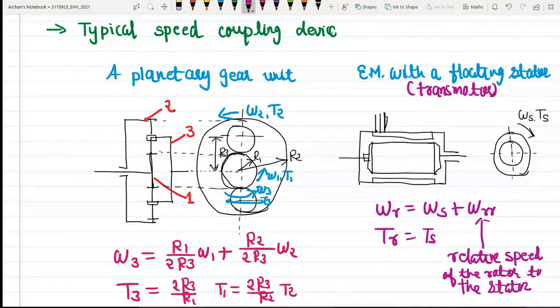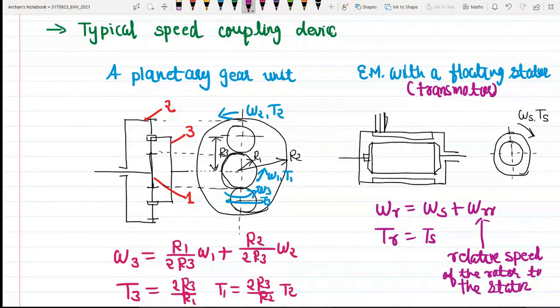So we will give some supply voltage to the stator, and because of the torque produced, the rotor will rotate in a particular direction. Now this trans-motor is a motor in which we are providing the floating stator. Okay. So the stator is also rotating along with the rotor. Okay, so if we talk about the resultant speed, then the resultant speed will be the speed of the stator plus the relative speed of the rotor with respect to the stator, right?